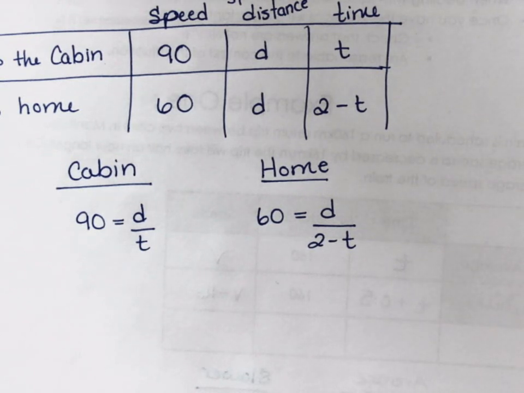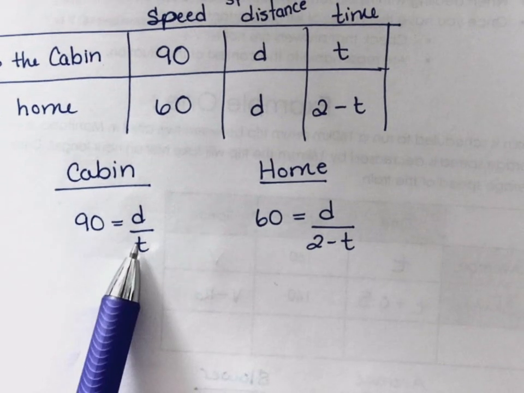Can you set the cabin formula equal to D? Yep. Rearrange your equation so that it equals D. Just the cabin. I want to get rid of that T. What do I do?